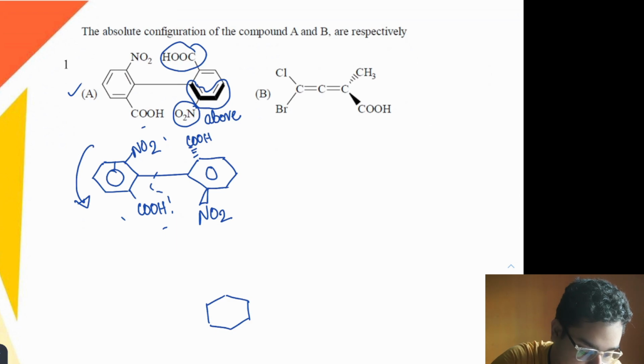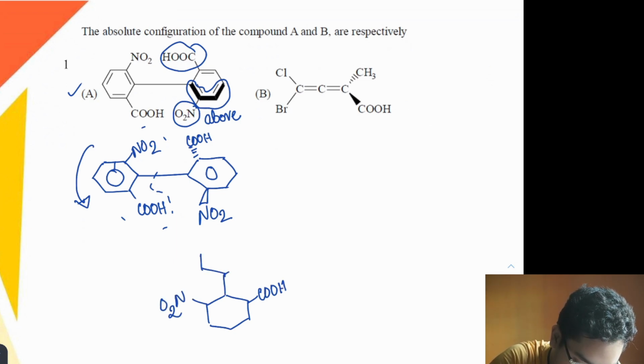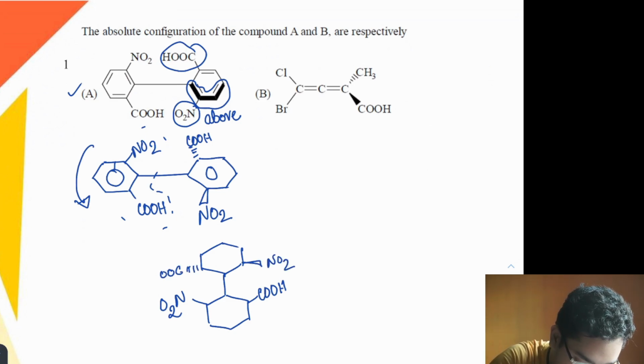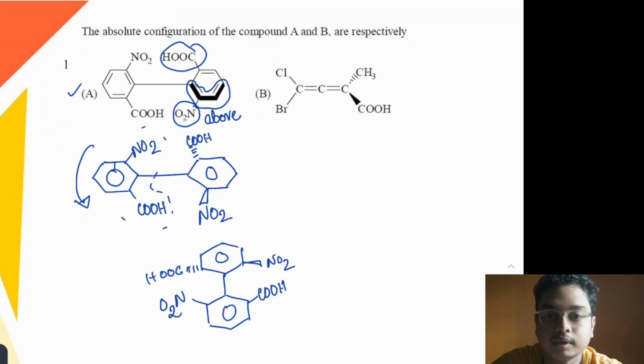After rotating, the COOH will be here and NO2 will be here. Similarly, in the next group, since COOH is here, the adjacent NO2 will be here, and here will be COOH.